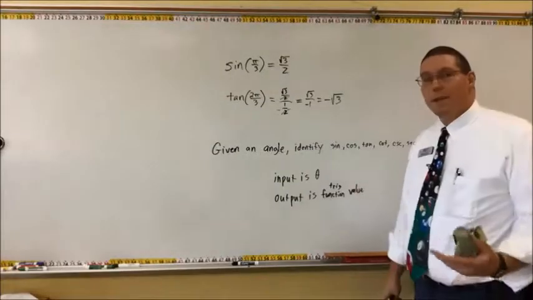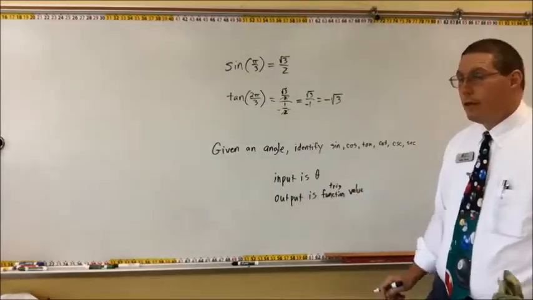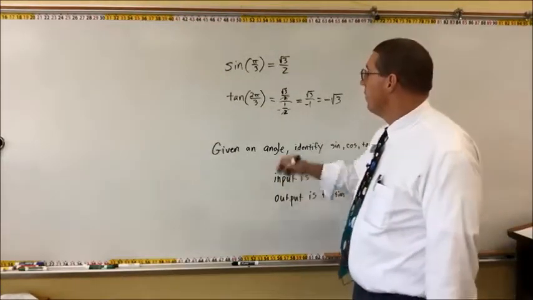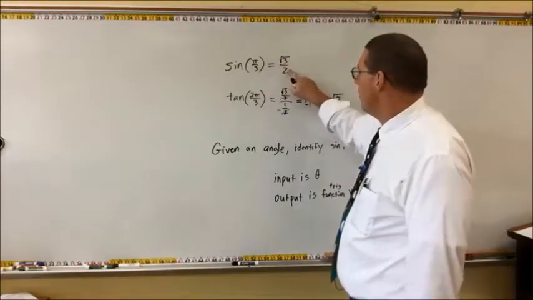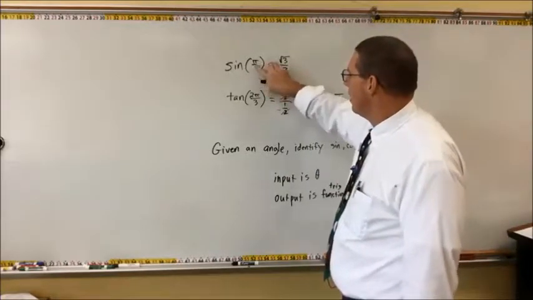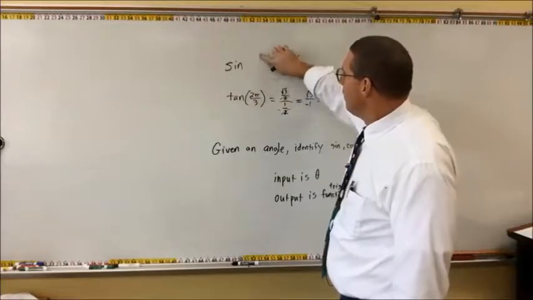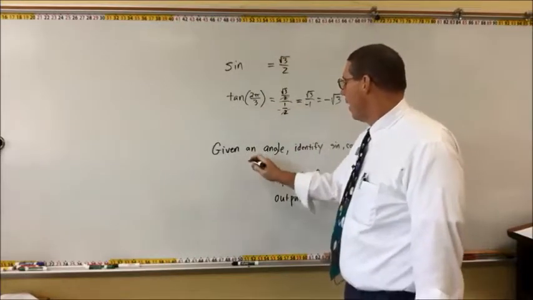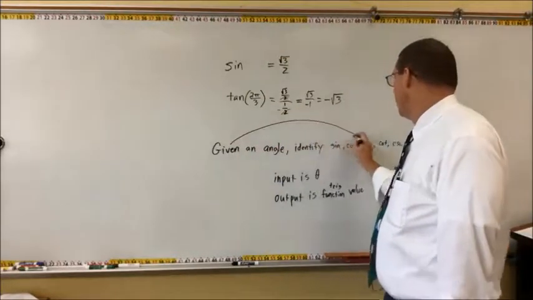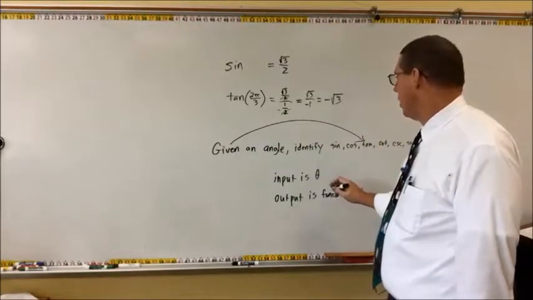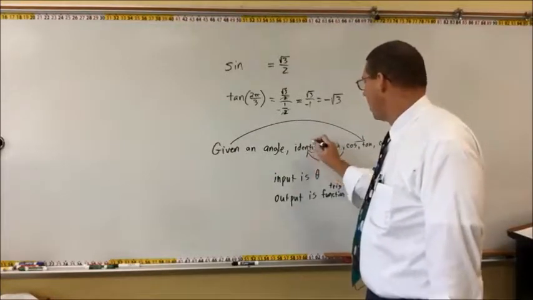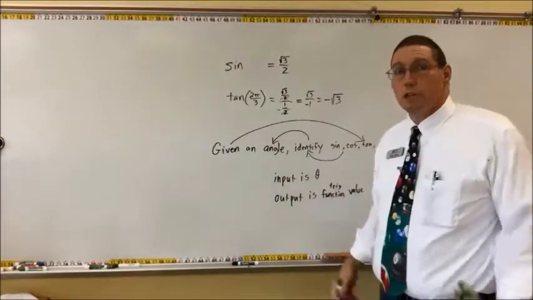Okay? Well, now what I'm asking you to do is, instead of giving you this and you giving me that, now what I'm doing is I am giving you the value of the function, and you identify the angle measure. We're just going backwards.